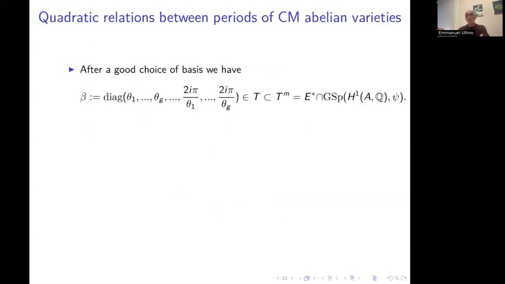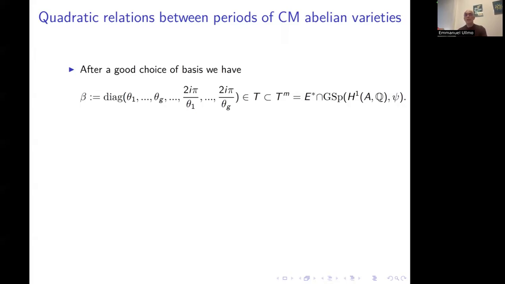If you choose your basis correctly, the comparison isomorphism becomes a diagonal matrix with entries theta 1, ..., theta g, 2 i pi divided by theta 1, ..., 2 i pi divided by theta g, and it's inside the Mumford-Tate group.